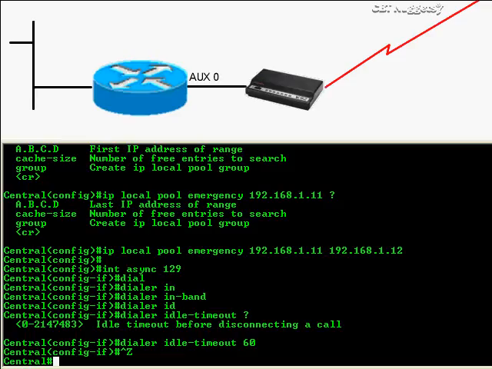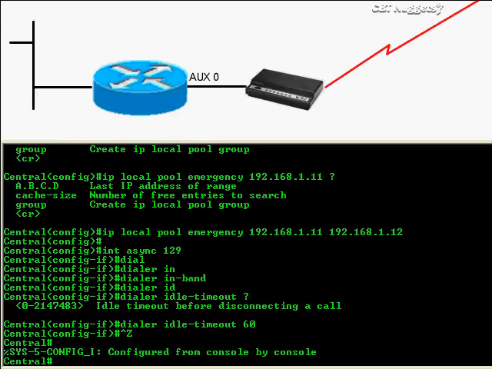At that point, we have configured a modem to receive and make inbound and outbound calls. Now, we haven't configured any of the outbound interfaces, but that's okay. This is an emergency dial-in port. We haven't configured it to make outbound calls with phone numbers and things like that, because we don't need to. We just need this to accept inbound calls, and that's what it's doing at this point.